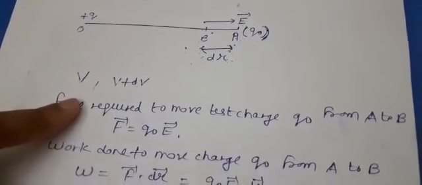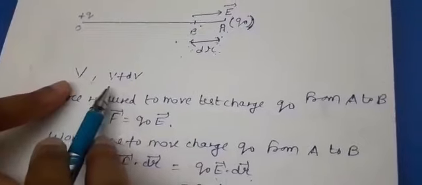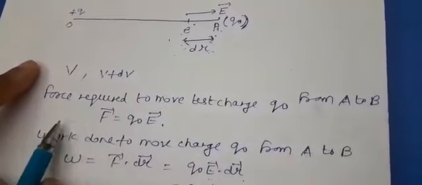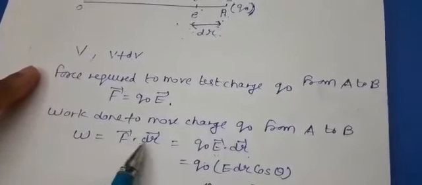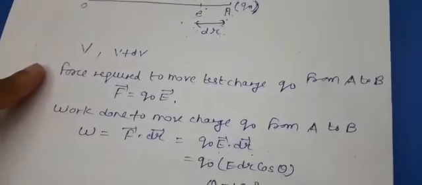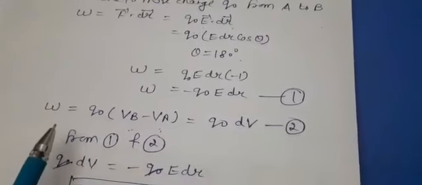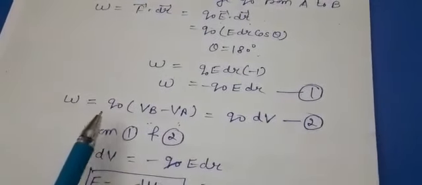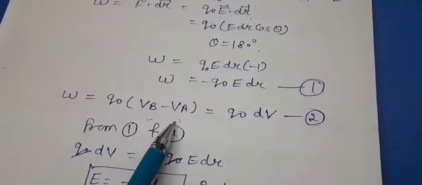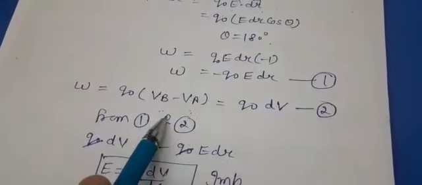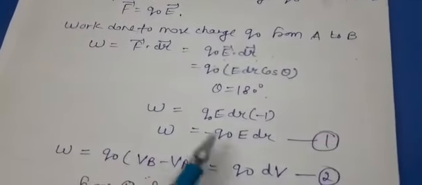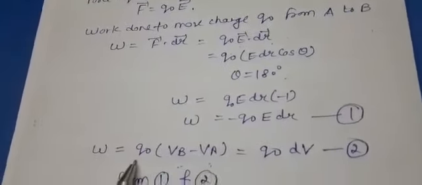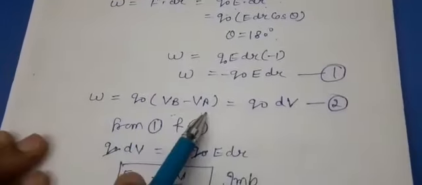Considering 2 points A and B having potential V and V plus dV, then the force required to move the test charge from A to B, then the work done to move the test charge from A to B. Then again applying another definition of potential difference and work done, that is, work done is Q naught VB minus VA. This is important. You have to learn these two results. F dot dr is the first one, from where we have calculated this, and second, this is the relation with the potential, so Q naught VB minus VA.